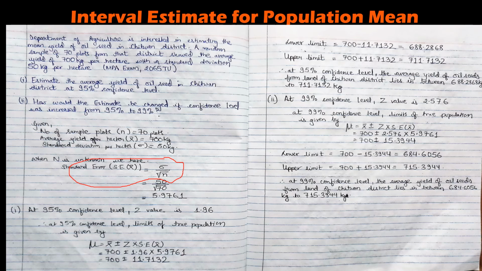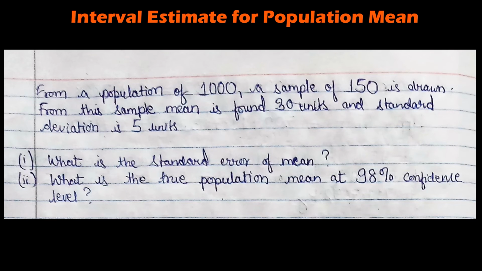So therefore, at 99% confidence level, the average yield of oilseeds from land of Chitwan district lies in between 684.6056 kg to 715.3944 kg.